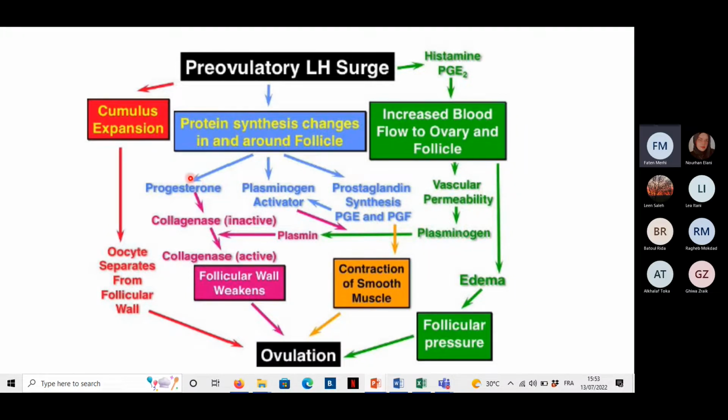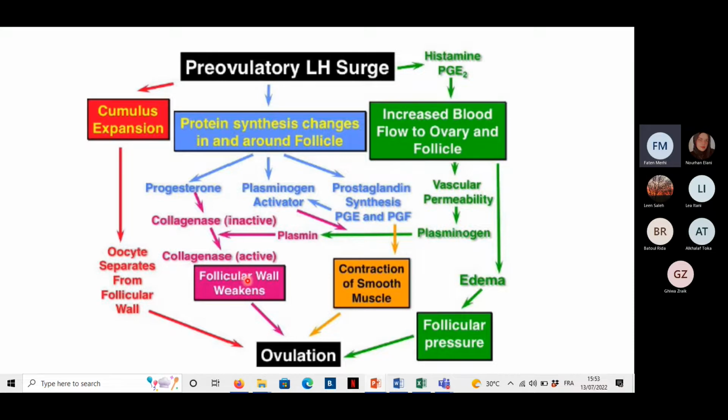We will have production of progesterone under the action of LH, which will lead to the production of collagenase by the theca cells. Okay. And all of those events will lead to the weakening of the follicular wall.